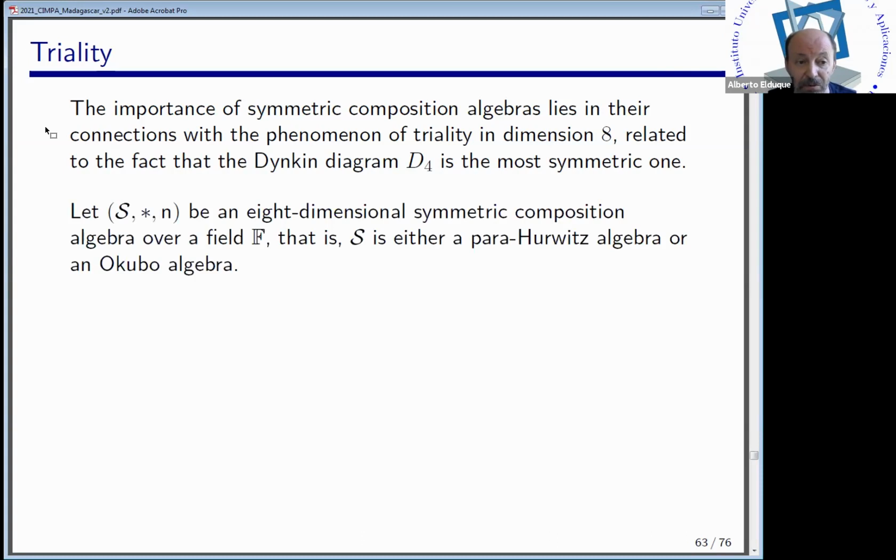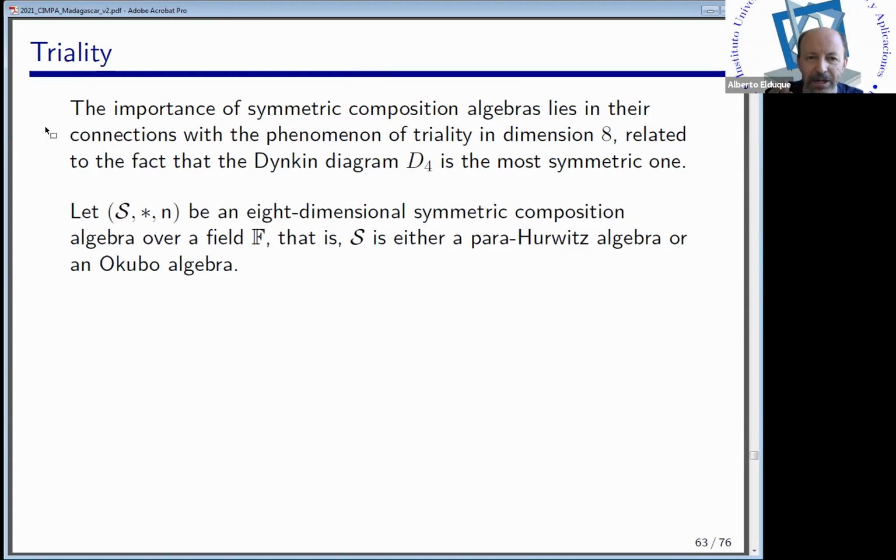And the nicer way to deal with this triality phenomenon is using symmetric composition algebras, because from the geometric point of view, there is an old beautiful paper by Tits dealing with the geometric triality, and there it appears clearly that there are 2 types of geometric triality.